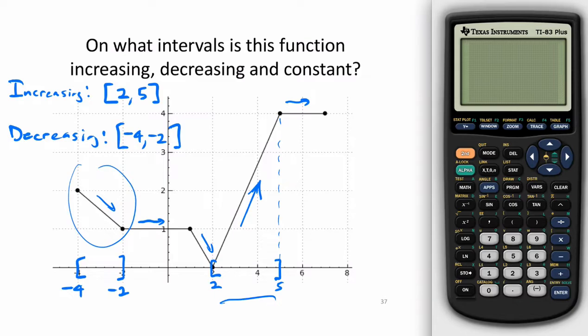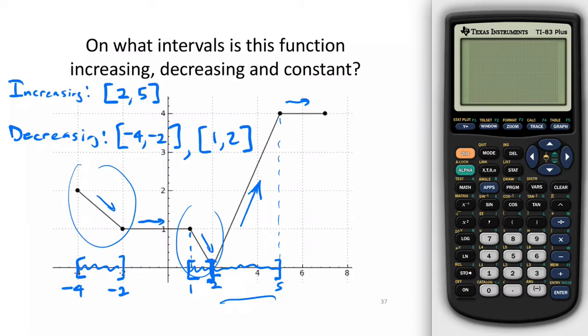And it's also decreasing right here, and that is from 1 to 2. So on the interval from 1 to 2. So far we've got the interval from 2 to 5, the interval from -4 to -2, and the interval from 1 to 2 defined, as far as the behavior of the function.